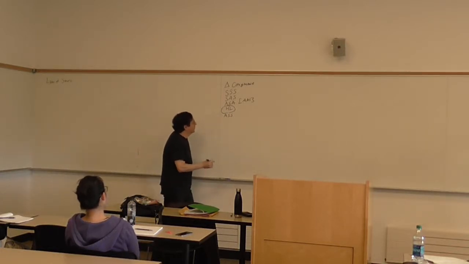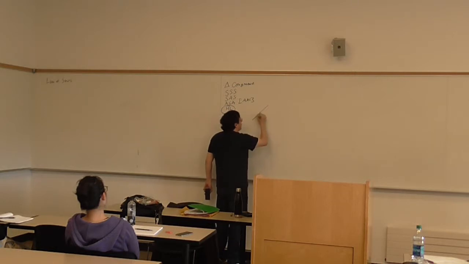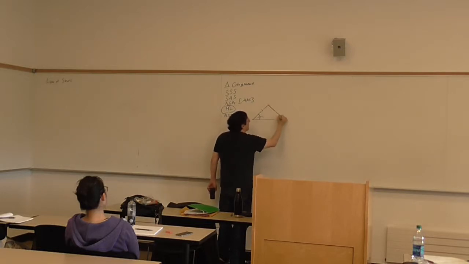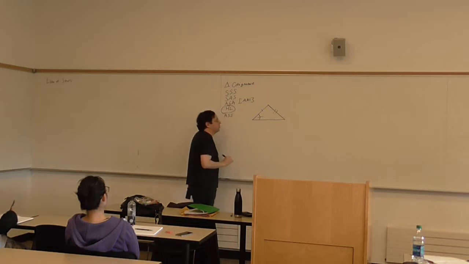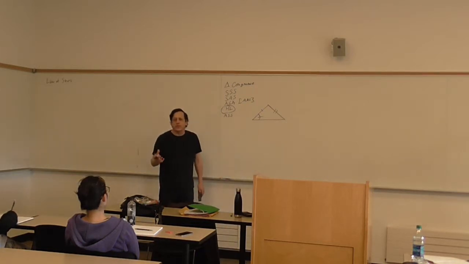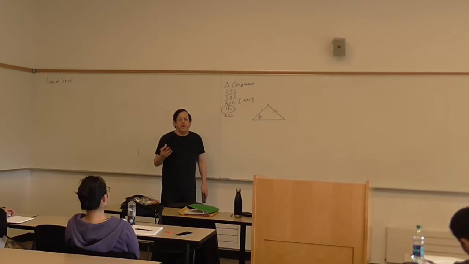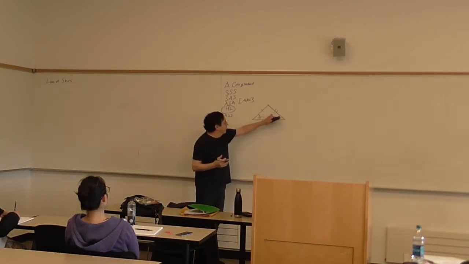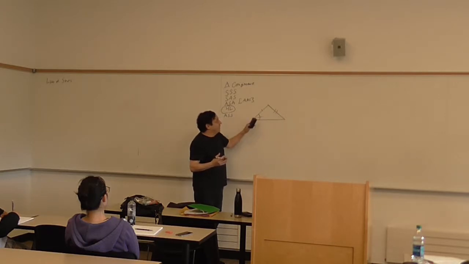Angle side. In other words, if I have some angle, unintended humor, I don't necessarily have the triangle congruence. It's possible to have two triangles that have two sides congruent, a third angle, and they are not congruent.